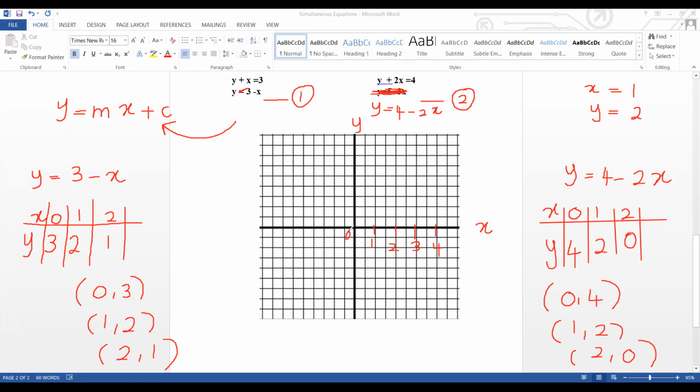Here is the origin. 1, 2, 3. I have just taken up to 4 because when you are taking, you think about your values. I have maximum number 4 and I don't have any negative values. So therefore, remember for the exam, if you want, you can draw without the negative side, but I have used it, right?